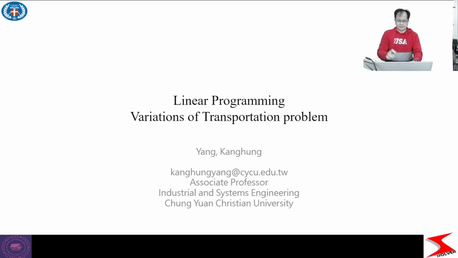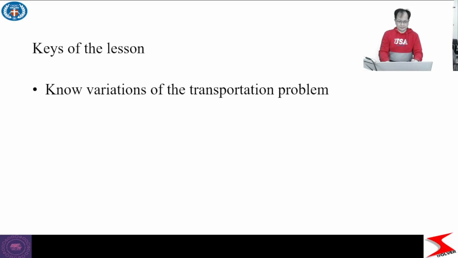Hi class, in this lecture I would like to talk about some variations from the transportation problem. Because in theory, for the network flow model, you can calculate the mathematical model very fast and get the decision variables.